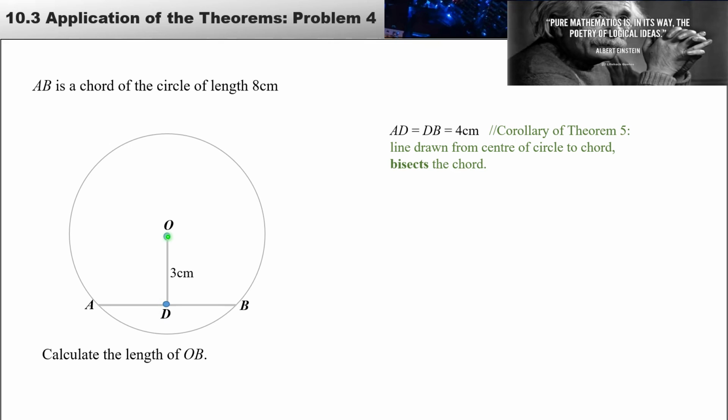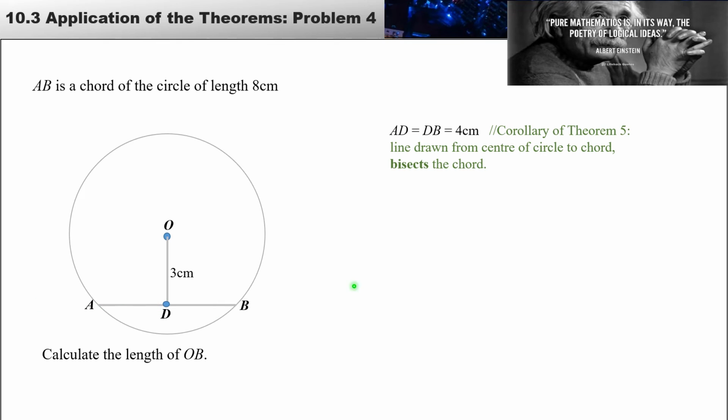So that makes sense, because if this line here drawn from O to D hits the midpoint of the chord AB, then logically it bisects the chord AB. As a matter of fact, OD is the perpendicular bisector of AB.